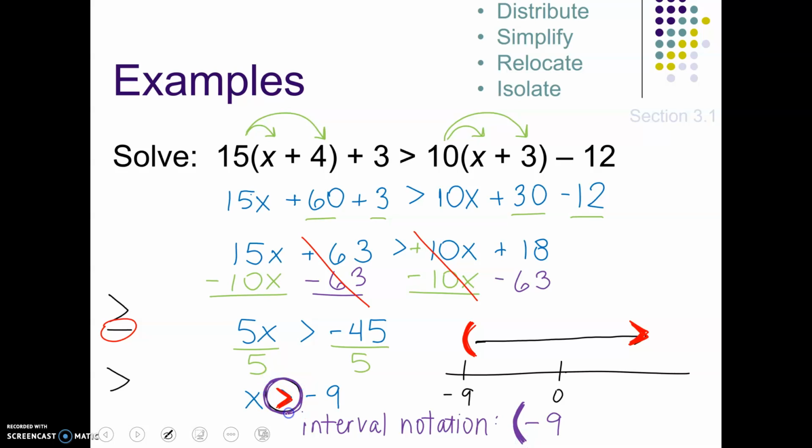It was strictly greater than. So I use a parenthesis to say don't actually equal negative 9, but from there, go all the way up to, in this case, infinity. And again, infinity cannot be achieved. It's not really a number, so I use parentheses. And so this is, again, just notation that says it's all the numbers that are included from negative 9 all the way up to positive infinity.